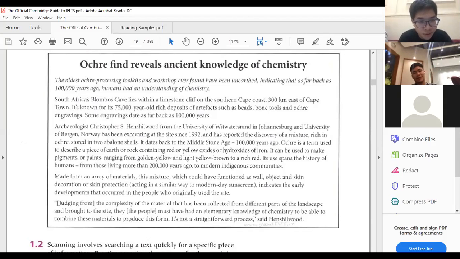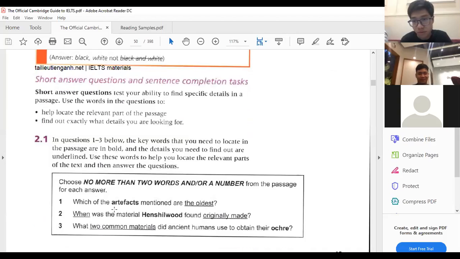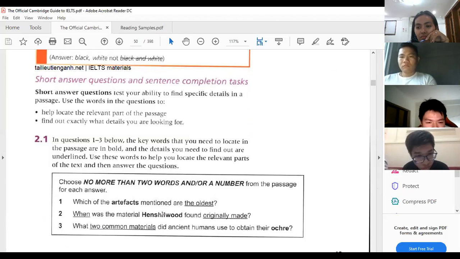So what's the answer to number 1? Oldest artifacts mentioned. What's the answer? Let's hear from Lane. Oh, Lane, what's the answer to number 1? So artifacts, oldest.